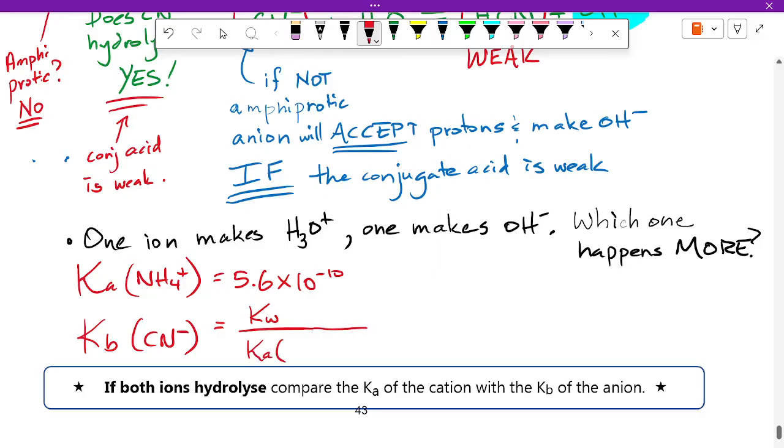Who are we looking for? The Ka of HCN. Always add a hydrogen for that one, okay? So we have 1.0 times 10 to the negative 14 over HCN 4.9 times 10 to the negative 10.